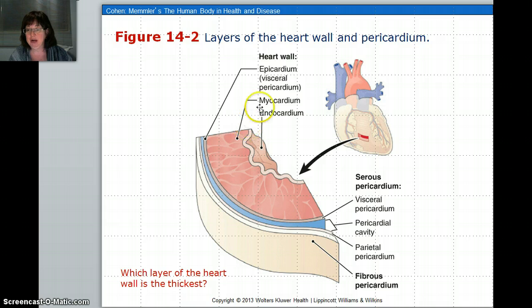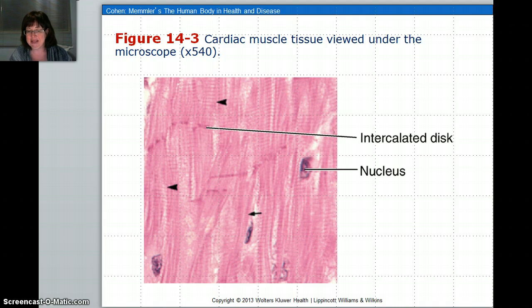Then myo means muscle, myocardium. Now, if you remember when we talked back about muscle, different types of muscle, cardiac muscle is a specific type of muscle. The myocardium or cardiac muscle is striated. You can see the stripes here. When we talk about muscle contractions, those are the Z lines. There's also these intercalated discs, and that helps in the communication of the contraction of it.